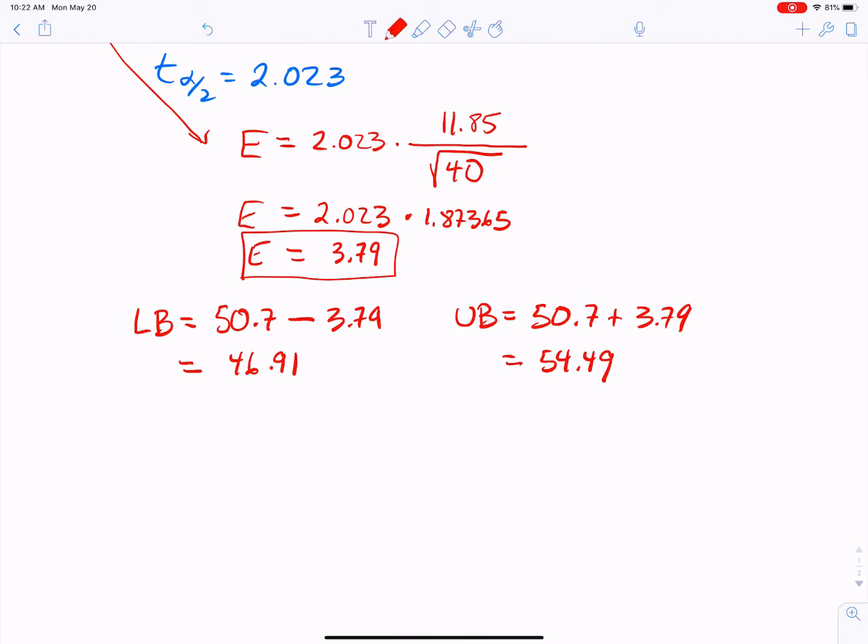And now we have to summarize. So let's change colors and summarize. Summary. So every summary has to include how confident you are and what's the interval.